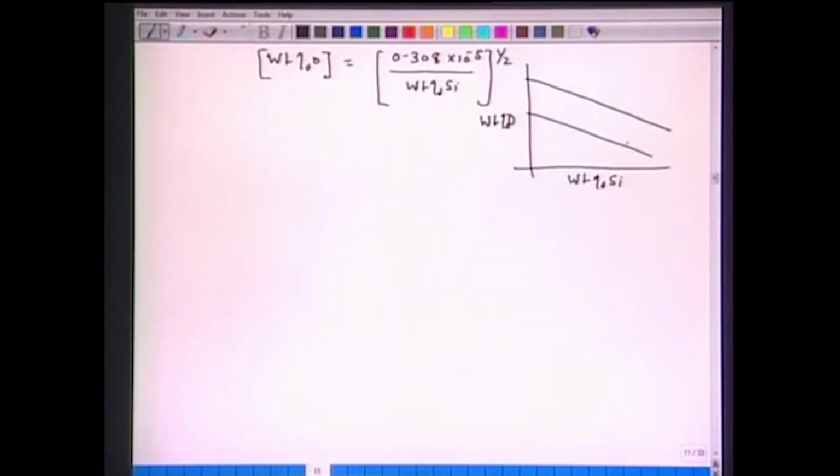Now, if I take another temperature, for example 1800 degree centigrade, then I may get this particular line, that is, an increase in temperature does not allow the silicon reaction to proceed. That means a decrease in temperature favors the reaction of silicon.